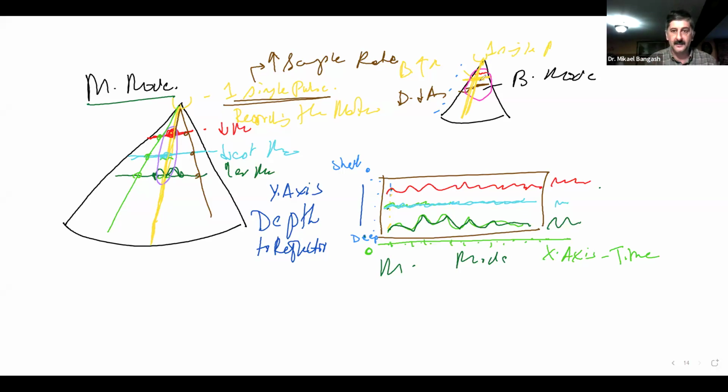So that single pulse, or we can say a lower number of pulses, is going to give us a high sampling rate. Whereas if we go the opposite way, a greater number of pulses is going to lead to a low sample rate.